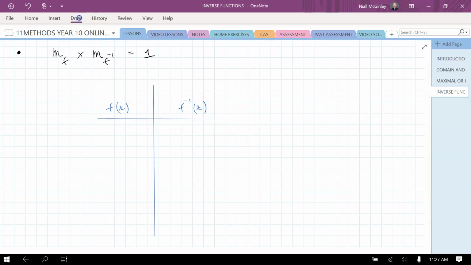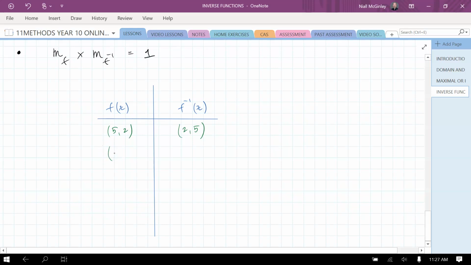If we start off with the coordinate 5, 2 on the original function, then what we're going to do is swap the x and the y. That means that on the inverse function, you're going to have the coordinate 2, 5.